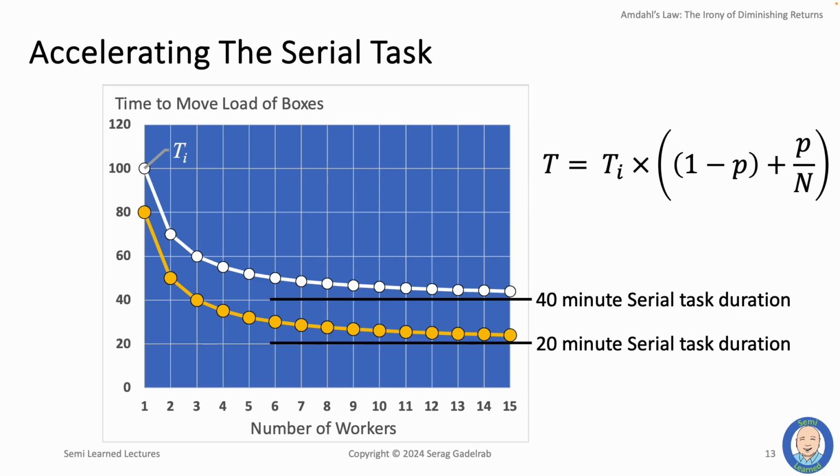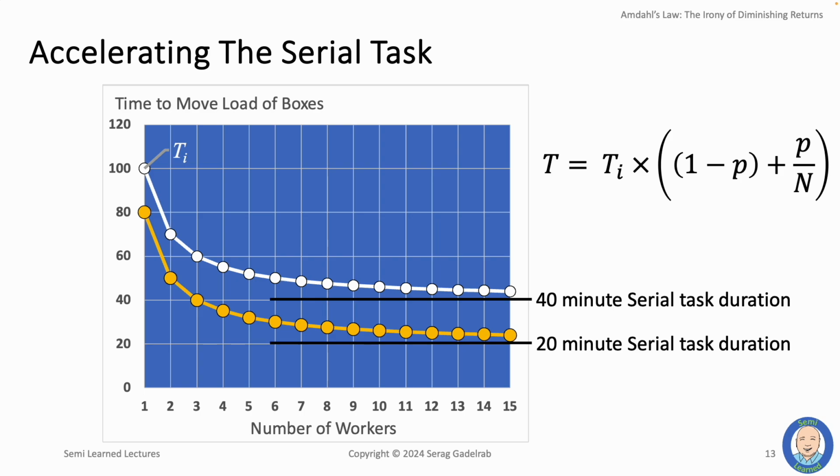In computer systems, this would be equivalent to running the processor at a higher frequency to complete the serial task sooner. Alternatively, we could have found a better shortcut through the city streets that avoids congestion and thus reduces the transit time.